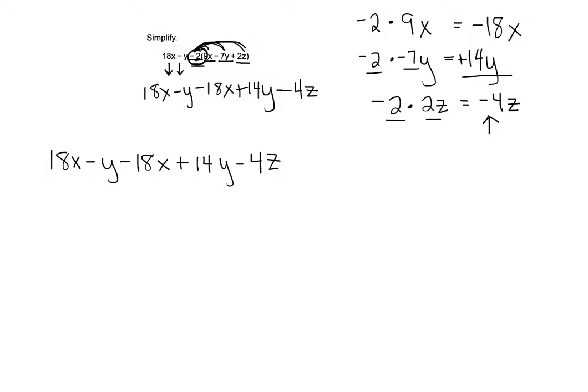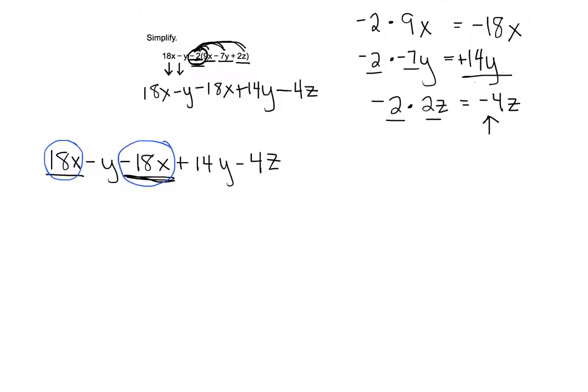So I'm going to look at the first term, and this is an 18x. And I want to go down my list of terms and find another term that has an x. Just a plain old x next to the number. Well, that's this term right here. So I'm going to combine the positive 18x and the negative 18x.